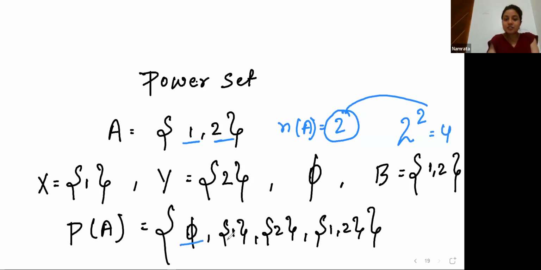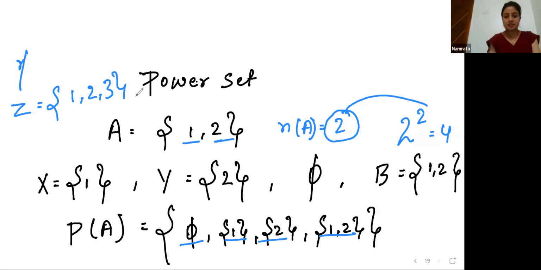Here you can check: 1, 2, 3, 4 elements are there in the power set. Suppose we have a set Z with 1, 2, 3, that is 3 elements. Then its power set will have 2 to the power 3, that means 8 elements. Okay? Are you getting it?